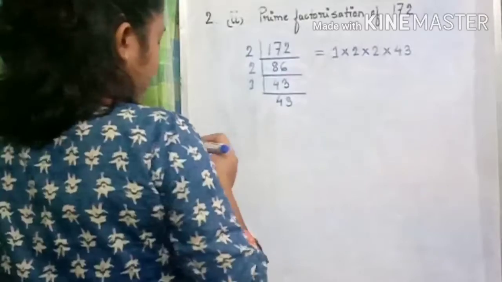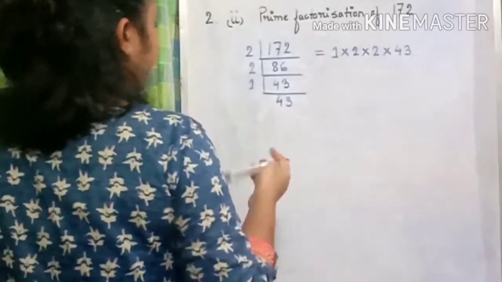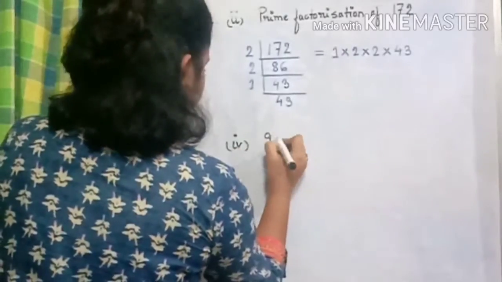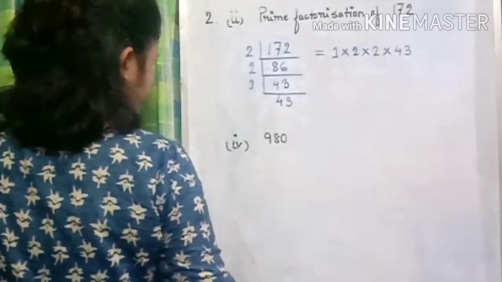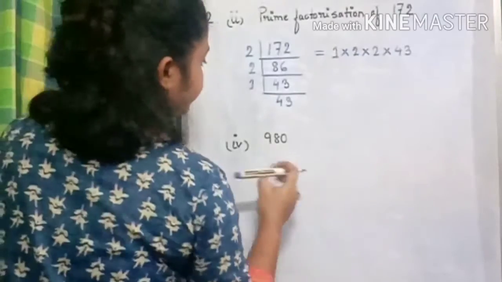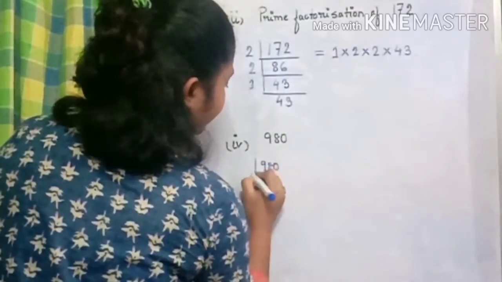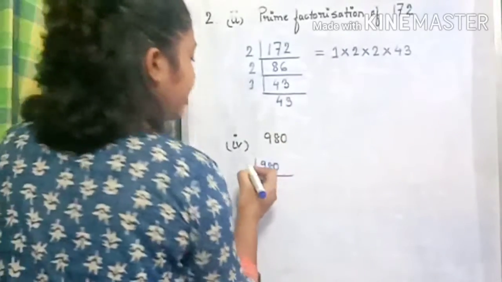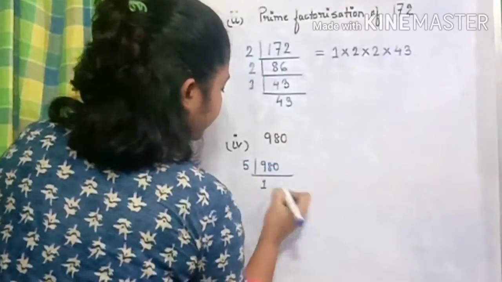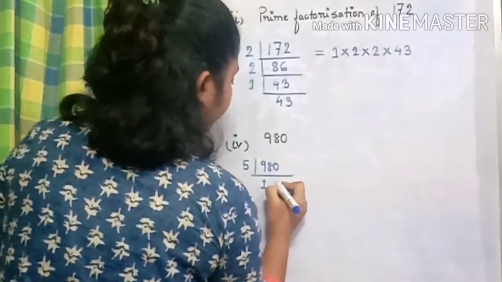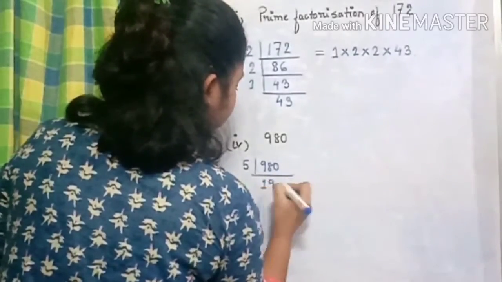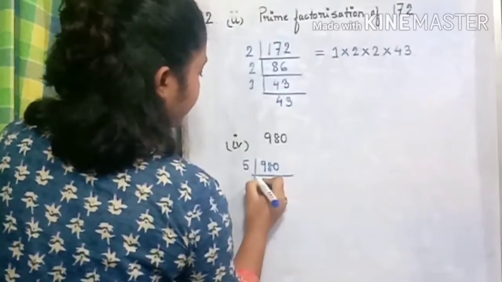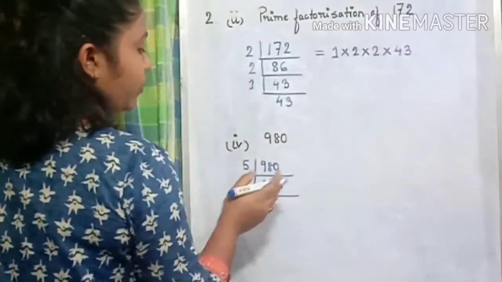Now let's take another example, that is sum number 4. That will be followed in a similar manner. So 980, we can see that there is a 0 in the last position, so it can be divided by 5. 5 ones are 5. And it's giving 196.